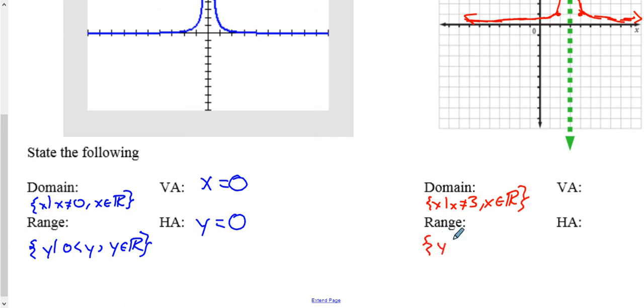So y such that y is greater than 0, and y is an element of the reals. My vertical asymptote here is going to be shifted over 3. So we have a vertical asymptote at x equals positive 3. And a horizontal asymptote that hasn't changed. So we have a horizontal asymptote at y equals 0. And there we go.